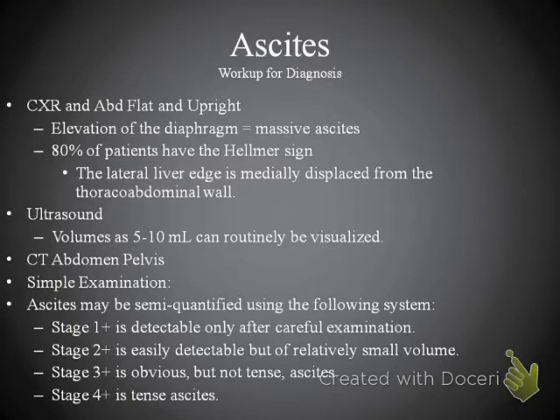If we see elevation of the diaphragm, it is indicative of massive ascites. 80% of patients have the Helmer sign, and this is when the lateral liver edge is medially displaced from the thoracico-abdominal wall. And so there's a change in the liver that the radiologists look for, and the attending physicians.